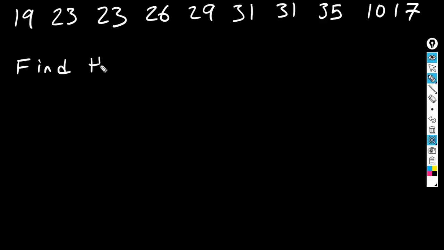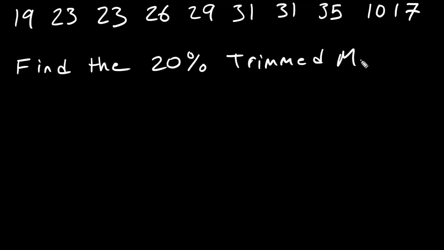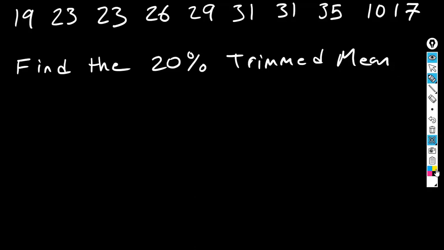The way that these are going to be shown is you get something like find the 20% trimmed mean. This 20% is telling us how much we need to trim, or how we find that out. What we need to do is take 20% of all of these values off.